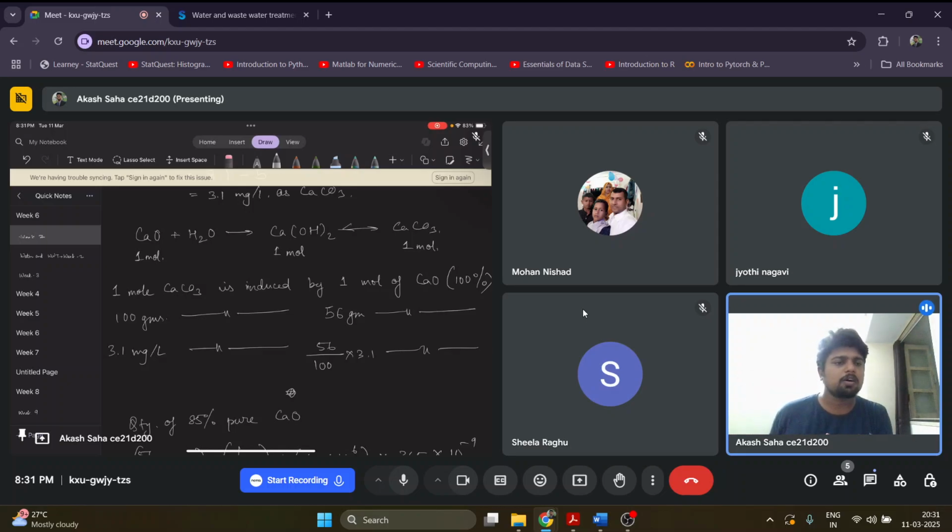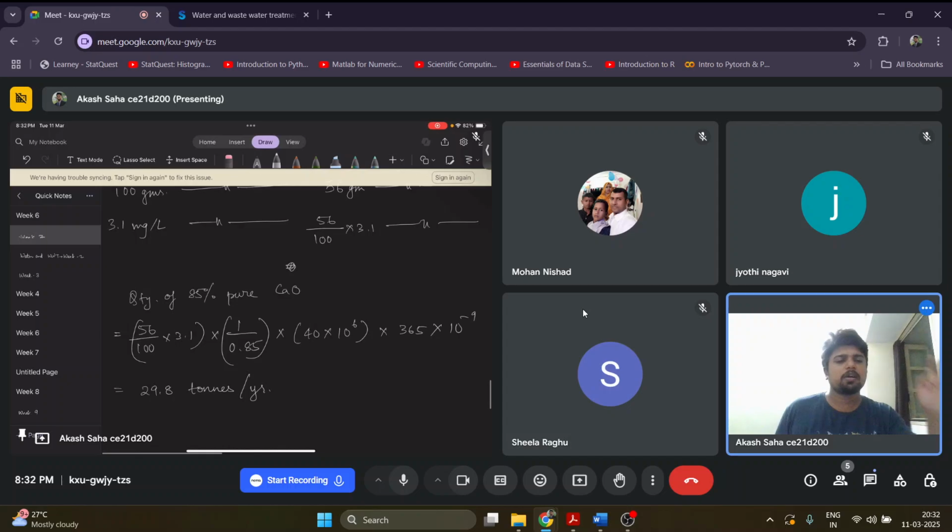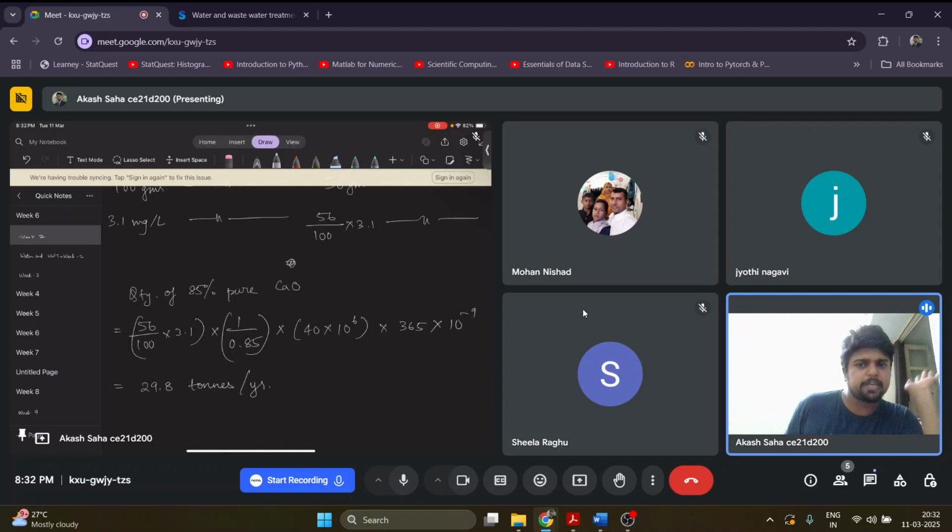So 1 mole of CaO will react to give 1 mole of calcium hydroxide to give 1 mole of CaCO3. So 1 mole of CaCO3 is induced by 1 mole of CaO if this is 100%. So for 100 grams, we will need 56 grams. For 3.1 milligram per liter, we will need 56 by 100 into 3.1. Now for 85% pure, it will be divided by 0.85 into the discharge into the number of days. So that will be in kgs per year or tons per year, whatever you want.